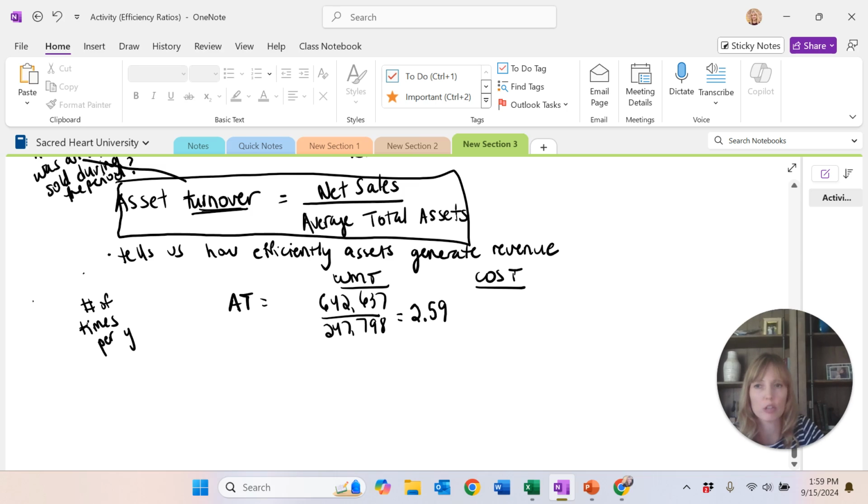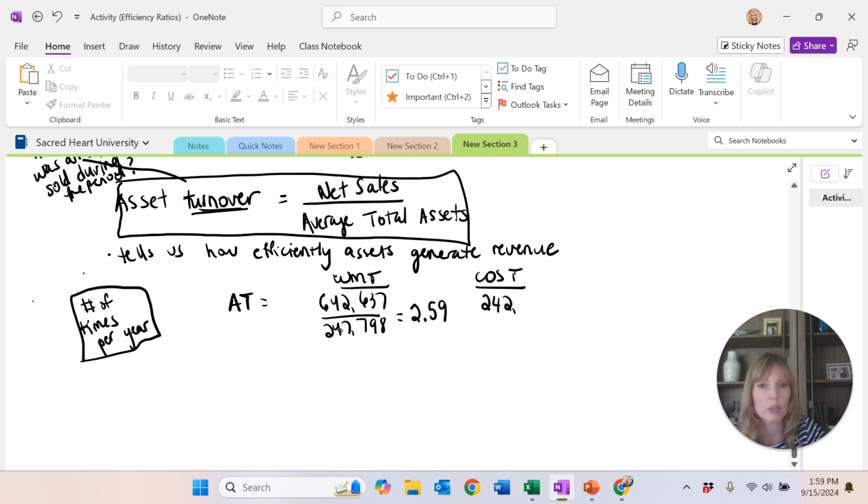So we're saying how many times greater were sales than our assets? Or if we were selling our total assets, how many times a year did those assets turn into revenues? 2.6 times. Looking at that number alone, it's not very meaningful, but when we can compare it to the amount for another company, we have a good basis for comparison.